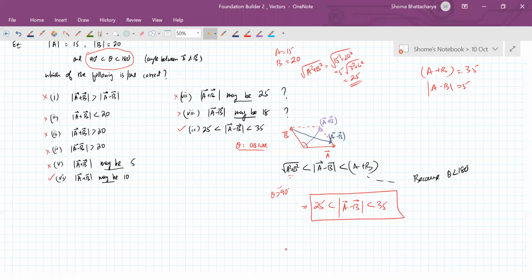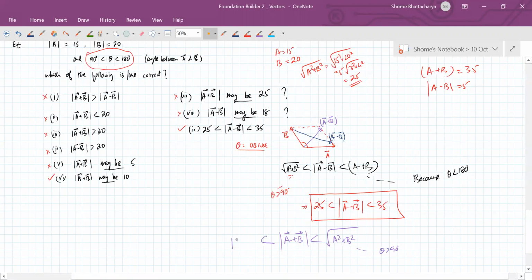Okay, and similarly, what statement can we say about a plus b? This is the shorter diagonal, so its magnitude will be less than root of a square plus b square because theta is greater than 90. But at the same time it will be greater than mod of a minus b.